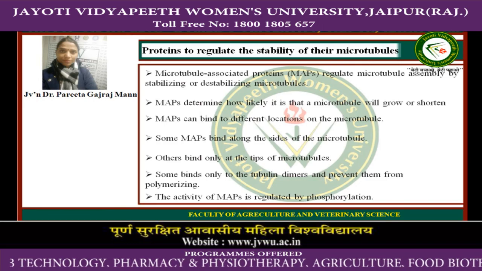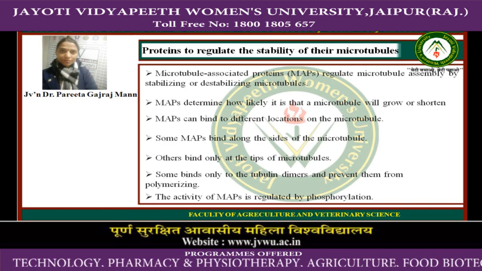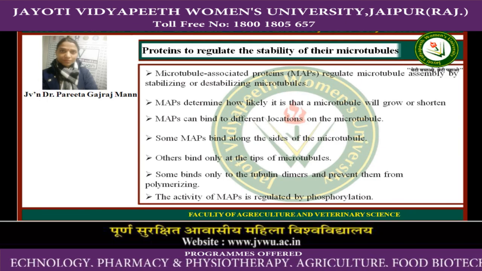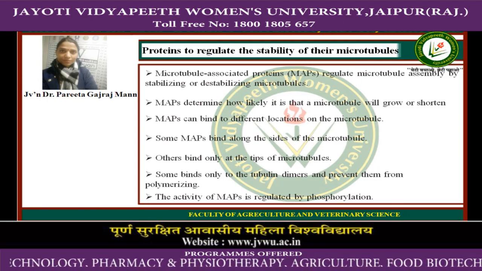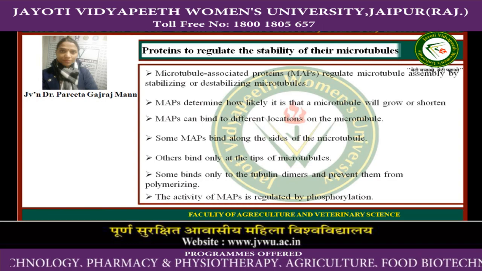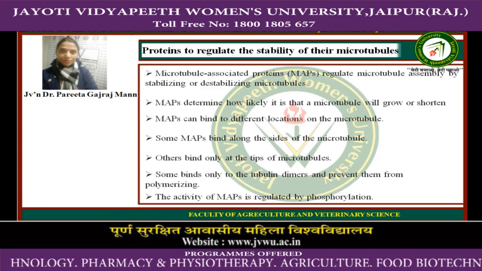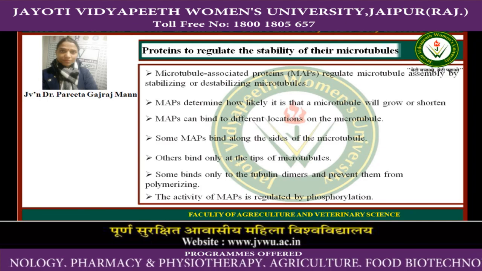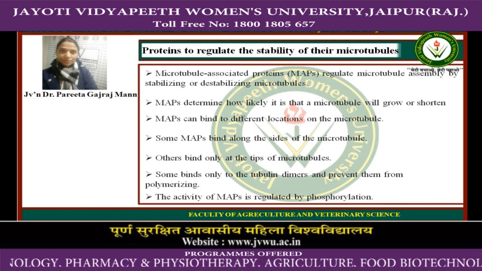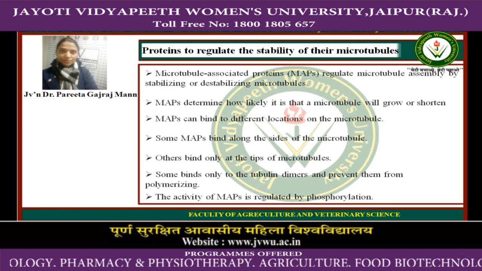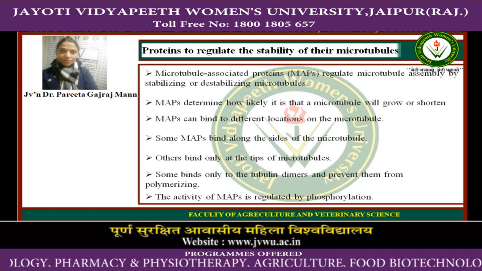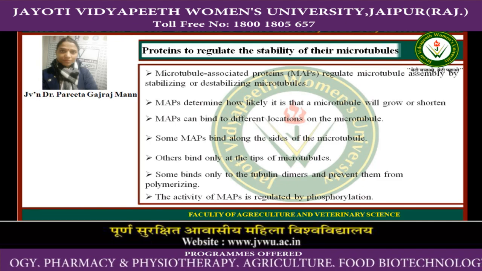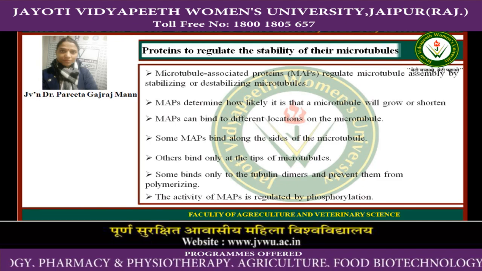Now I am coming to the proteins that regulate the stability of microtubules. Microtubule associated proteins, MAPs, regulate microtubule assembly by stabilizing and destabilizing microtubules. MAPs determine how likely it is that a microtubule will grow or shorten. MAPs can bind to different locations on the microtubules. Some MAPs bind along the side of the microtubule, whereas other MAPs bind only at the tip.